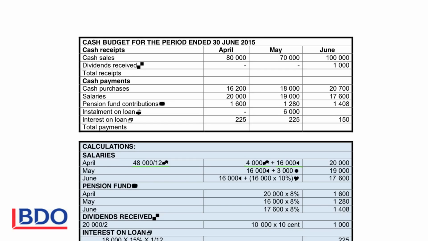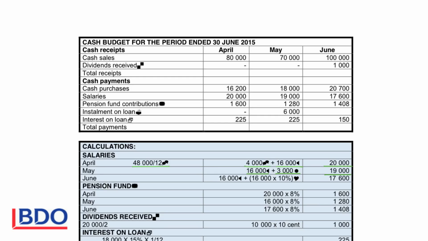So the amount that we will have to show as salaries for April will be 20,000 rand. Okay, May, it is the 16,000 that they say will be paid, plus the 3,000 for the temporary workers that will come and help out with the stock taking, and that will give us the total amount as 19,000.